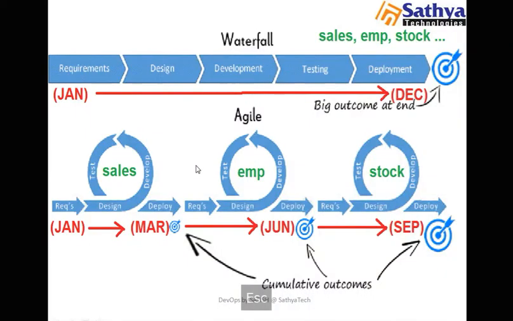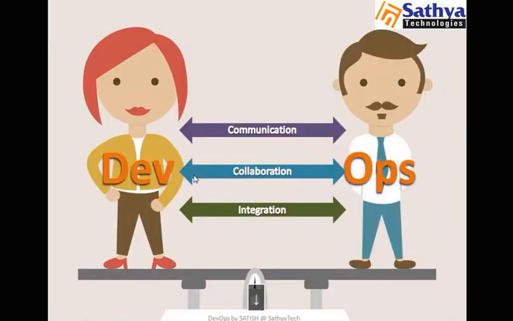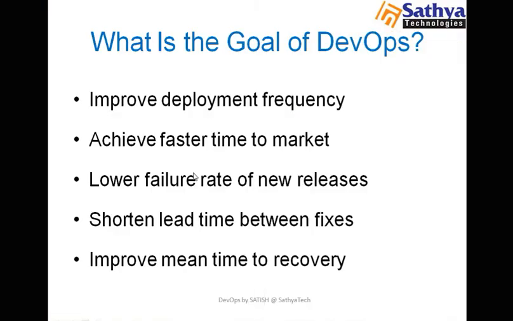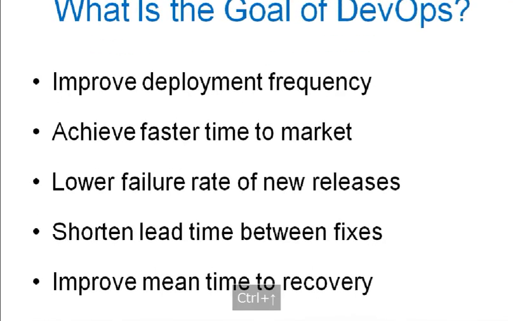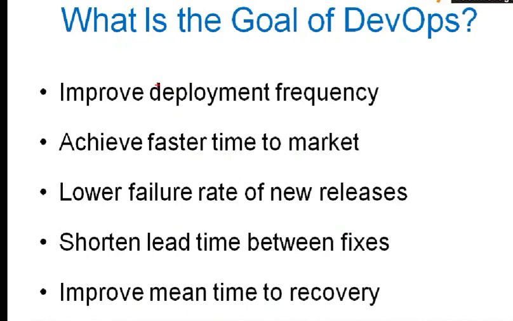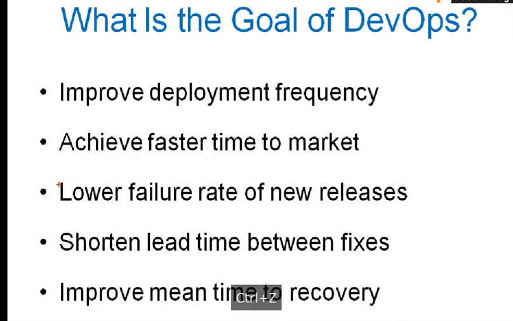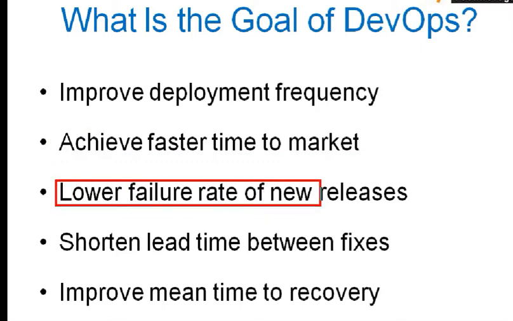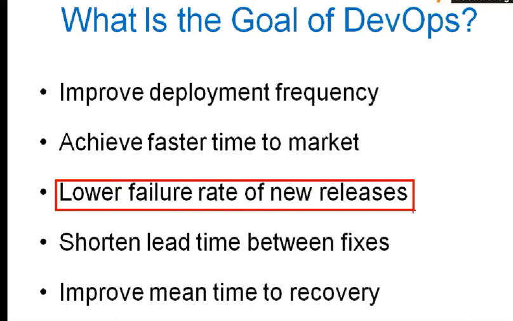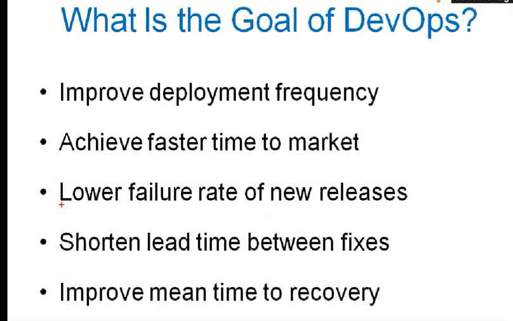See the statements here. Improve deployment frequency: instead of one deployment, you can go for multiple deployments. Achieve faster time to market: our client will get to market early. Lower failure rate of new releases: that is, chances of failures are less, because we are not releasing the complete project, only a module.